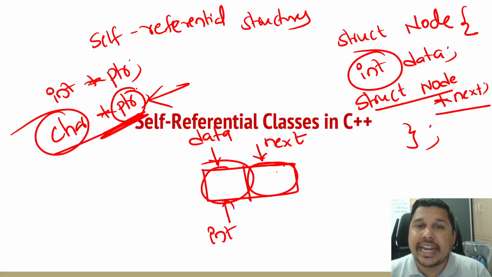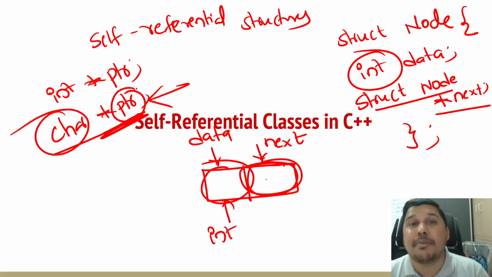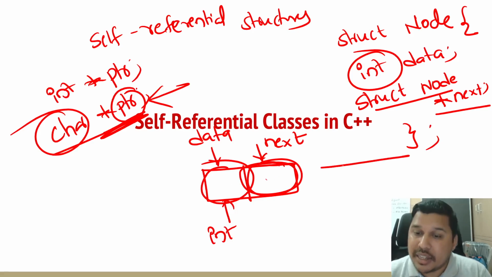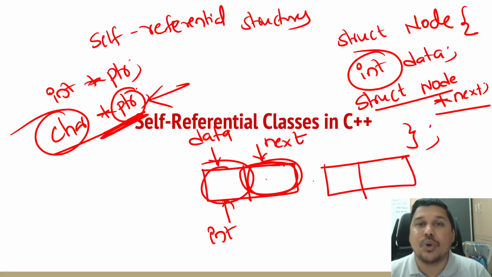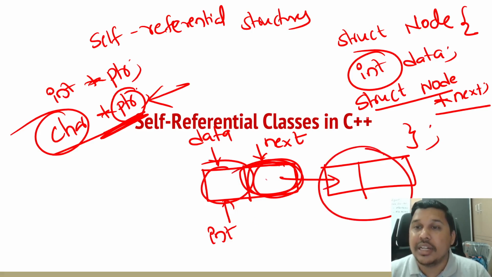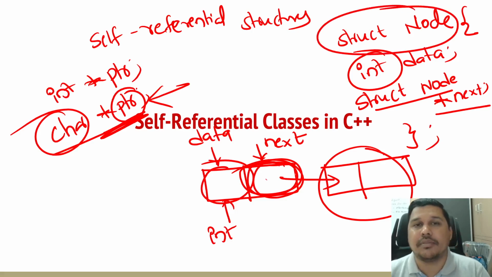Now in the linked list, I have this next part. It is going to store the address of which type of variable? It is going to store the address of a node kind of variable, the address of the next node, no? This next node address is stored here. So what is the data type of this node? It is struct node type.